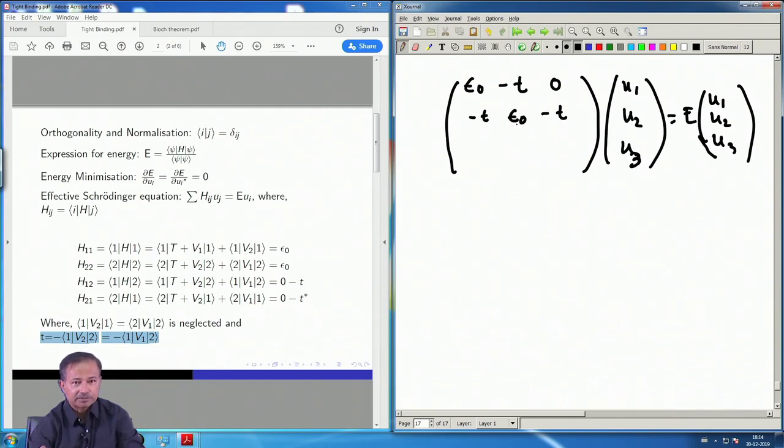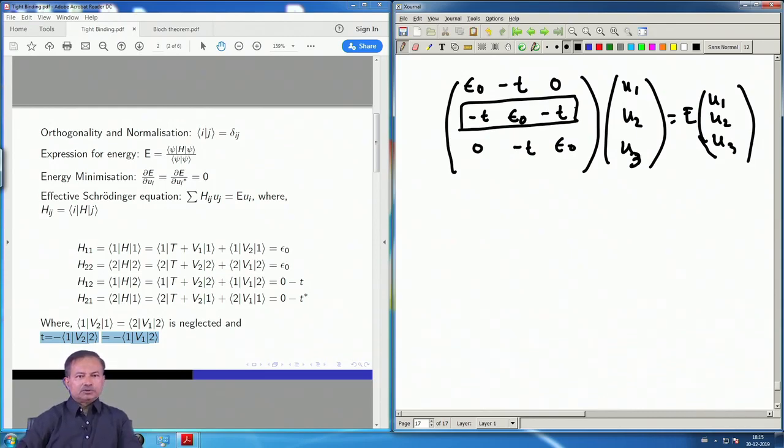Remember, site number 2 has both nearest neighbors available, whereas site number 1 and 3 have only one nearest neighbor. So, that will be the matrix. This is the column for site number 2, this is the row for site number 2, and on both sides it will get minus t, except the other ones will not have that. Okay.